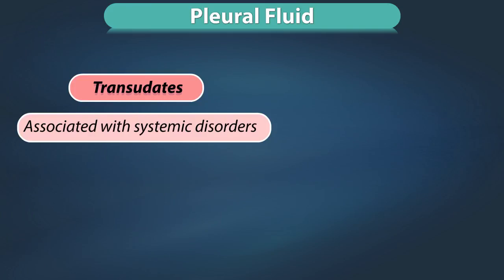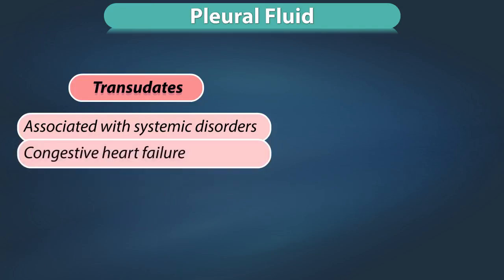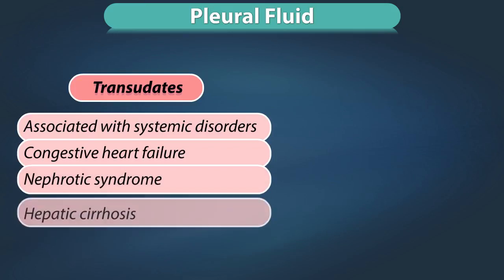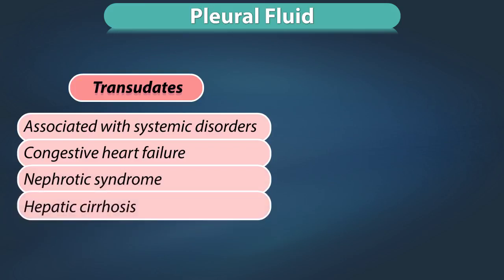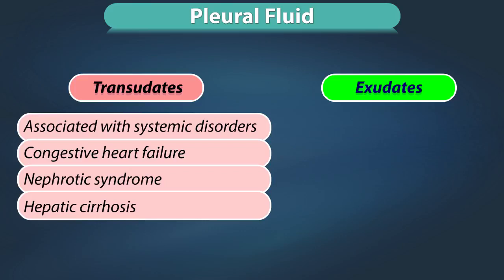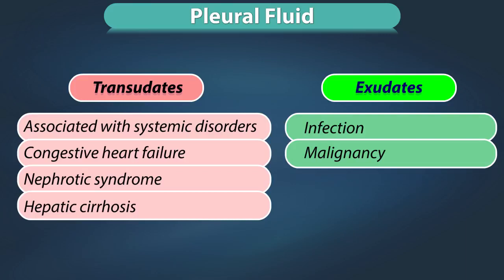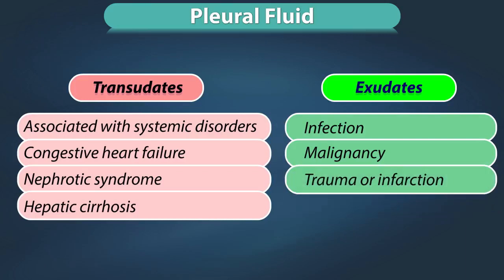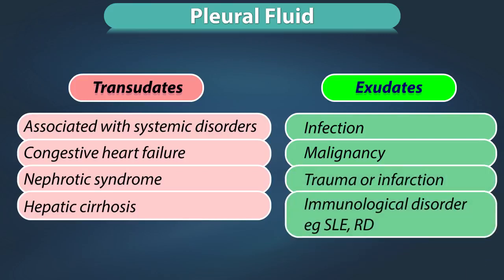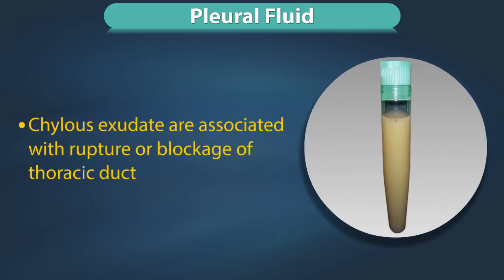Transudates are seen with systemic disorders like congestive heart failure, nephrotic syndrome, and hepatic cirrhosis, whereas exudates are associated with localized infection, malignancy, trauma or infarction, or immunological disorders, for example, SLE or rheumatoid disease. Chylous exudates are associated with rupture or blockage of the thoracic duct.